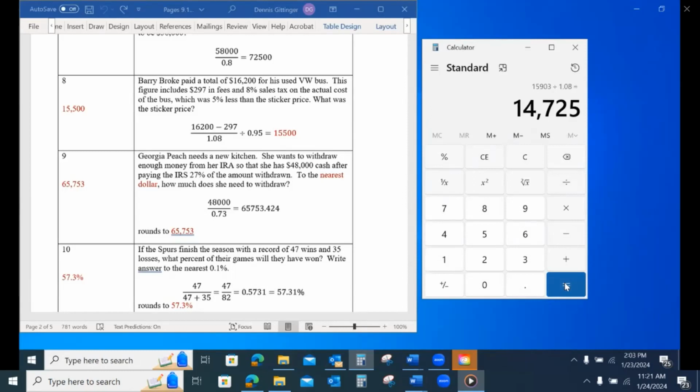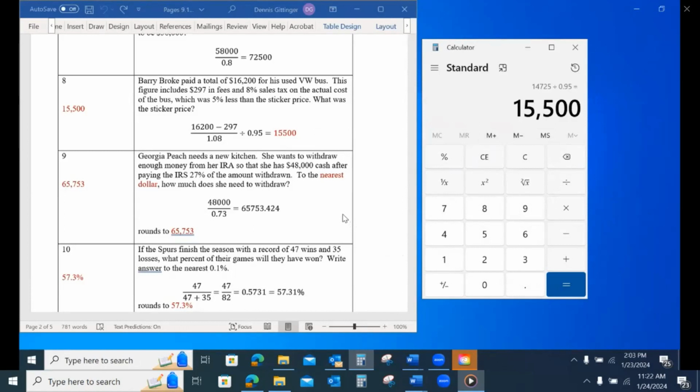And that gives you 14,725. But that number reflects a 5% discount. So that means it's the other 95%. That means that the actual cost, the sticker price, is $15,500.